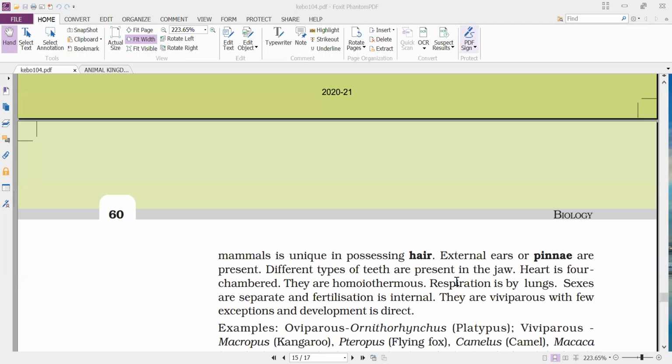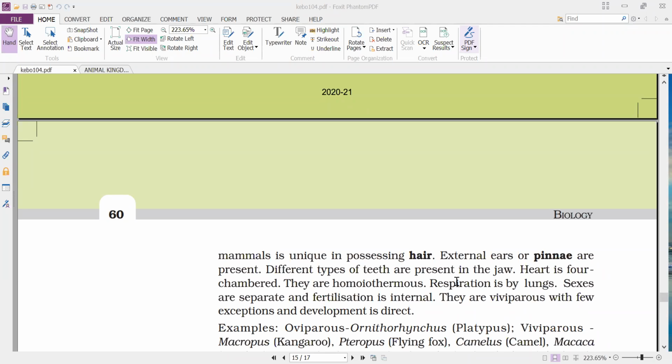cutting the food material. And next, the canines, which act as a chisel and are used for tearing, are well developed in carnivorous animals. Premolars and molars are used for grinding the food material and thoroughly mixing it with saliva.